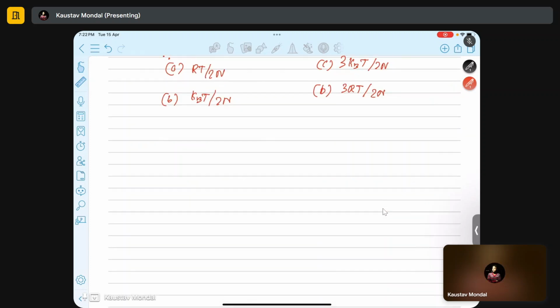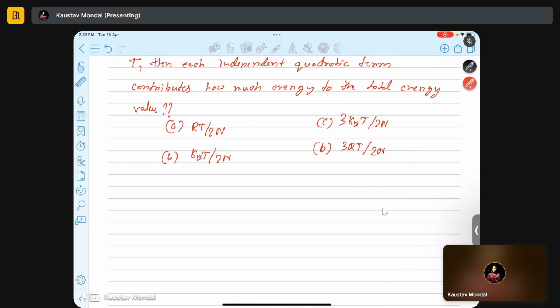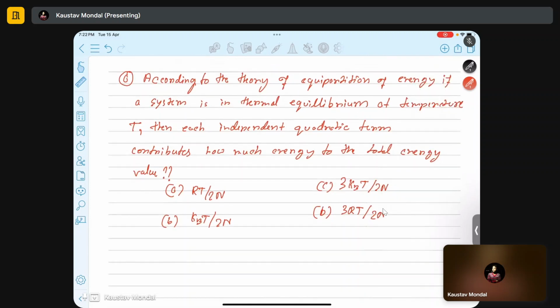As we know from classical statistical mechanics, for a 3D system, each degree of freedom contributes half kBT amount of internal energy. That we know from the equipartition of energy.